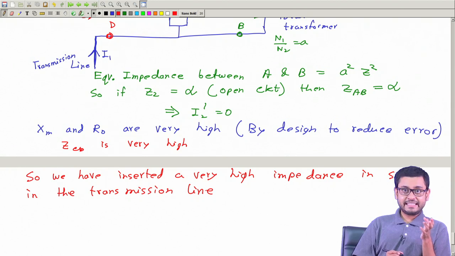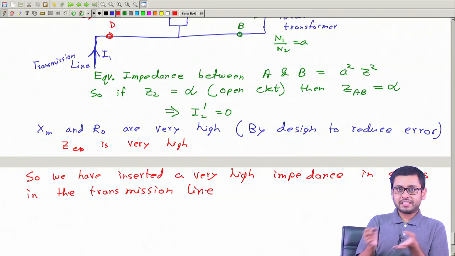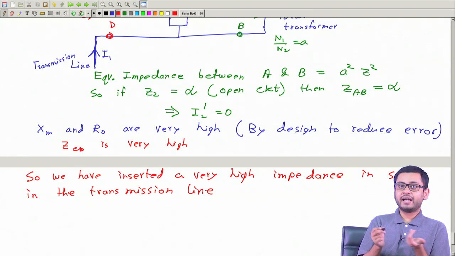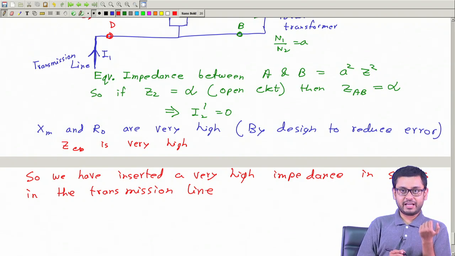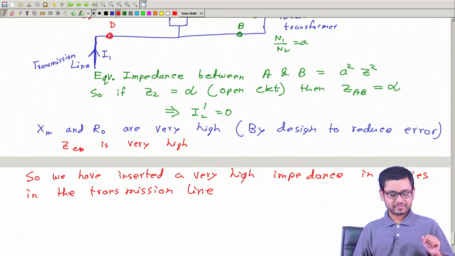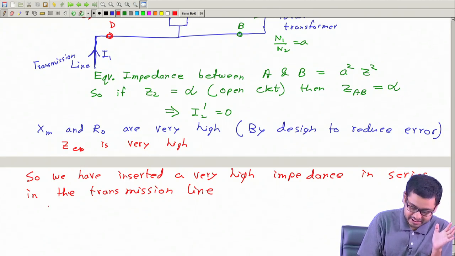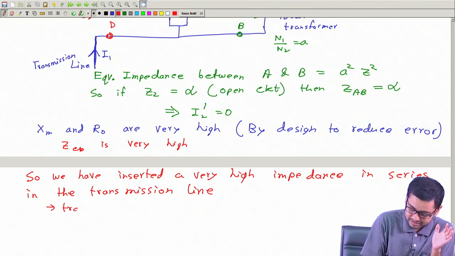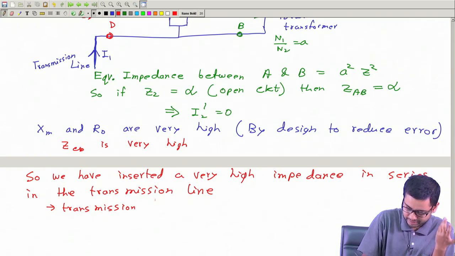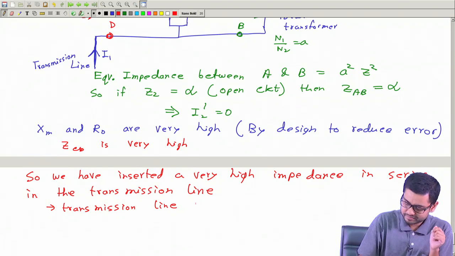But here the CT with the secondary open is effectively inserting a high impedance in the transmission line. So the transmission line will be disturbed, meaning a high voltage drop can happen or something, but that's not so crucial.